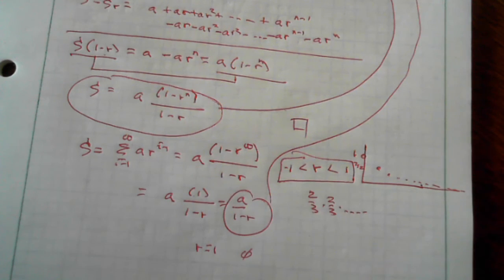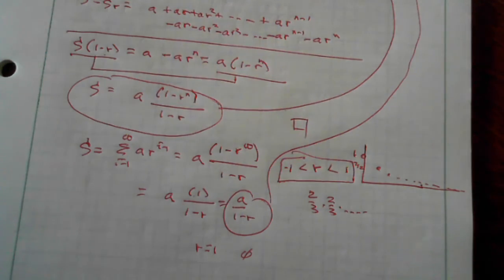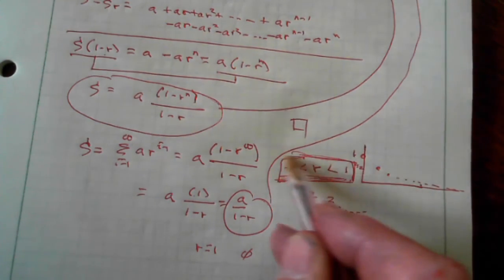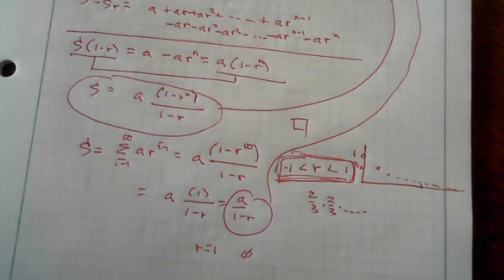It alternates also. In calculus, you find out we're going to call that divergent. So it only works if r is between -1 and 1, not including -1 and not including 1.